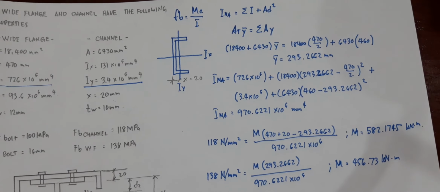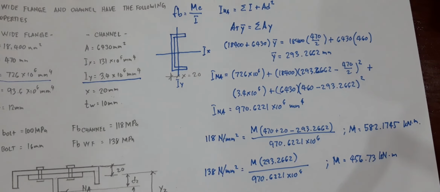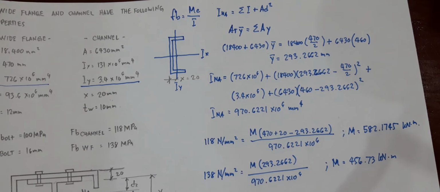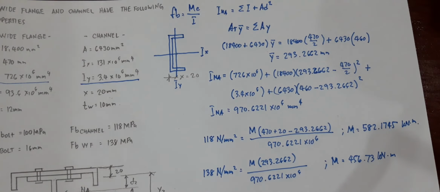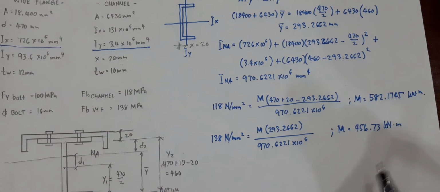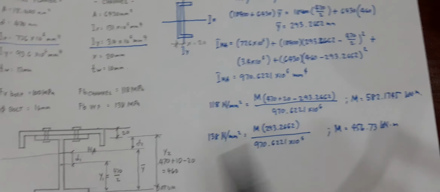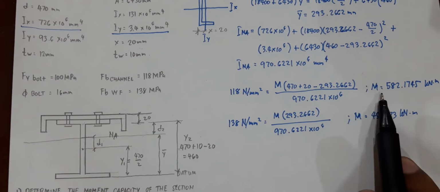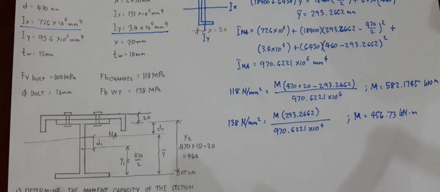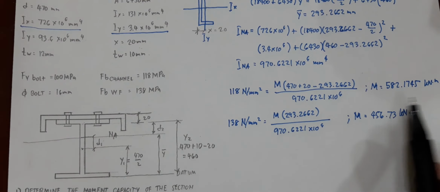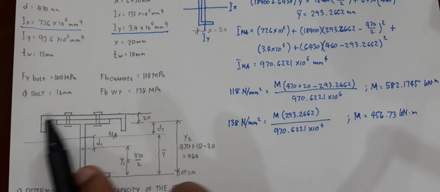Okay, so which one are we going to use as your moment capacity? If we were to apply this particular moment to your section, then it would fail on the tension side. Basically this is the capacity of the compression side.